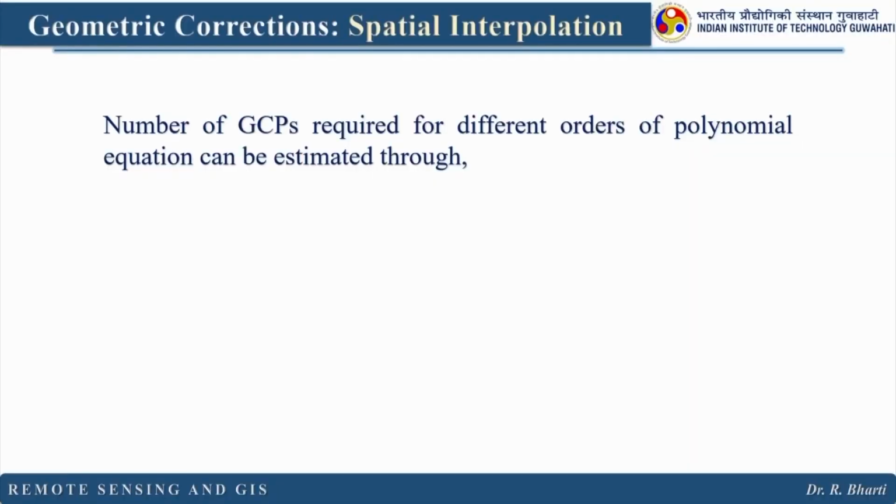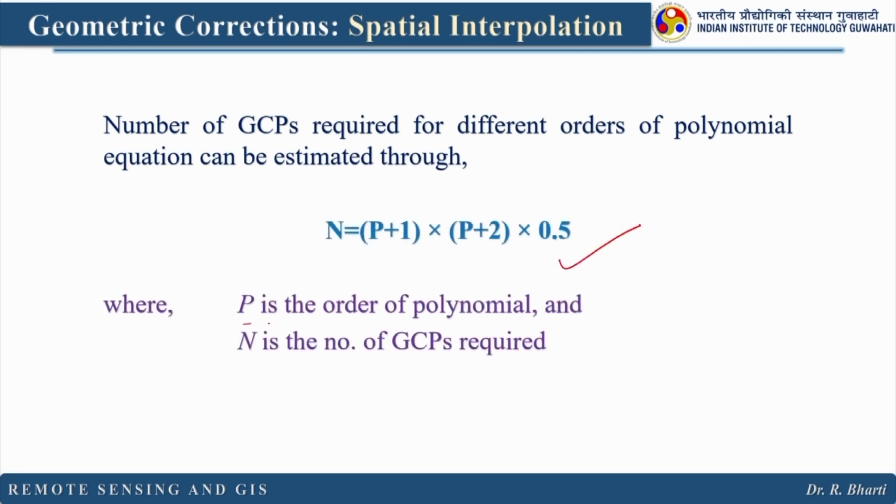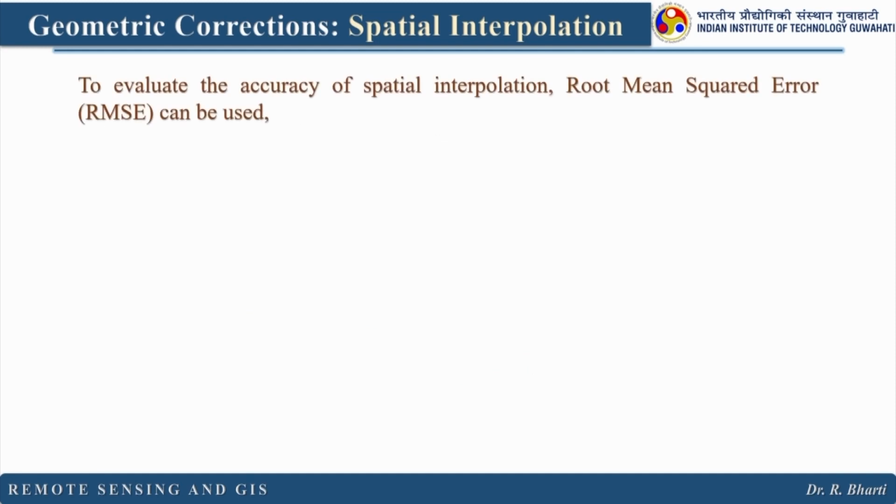So, the number of GCPs required for different orders of polynomial equation can be estimated using this equation. You can see P is the order of polynomial and N is the number of GCPs required. To evaluate the accuracy of a spatial interpolation, RMSE can be used.